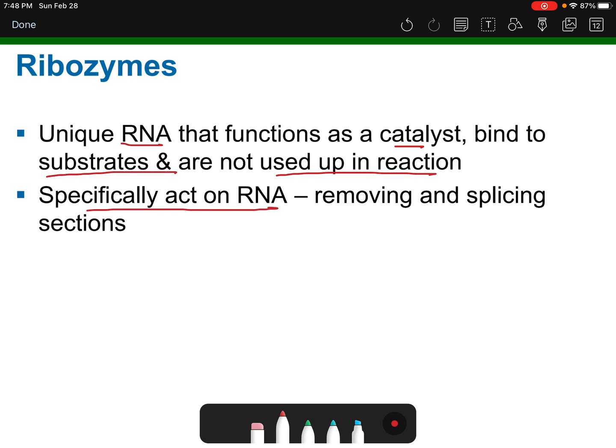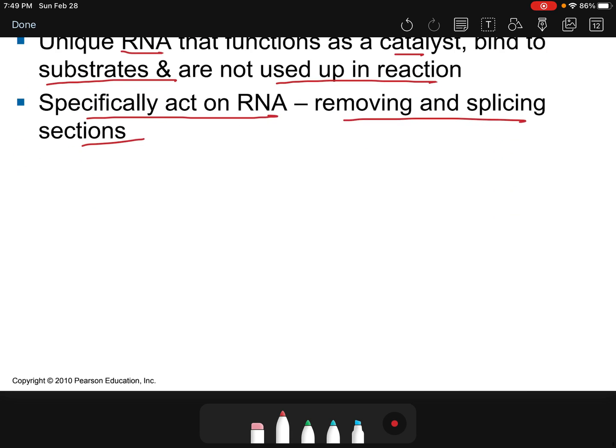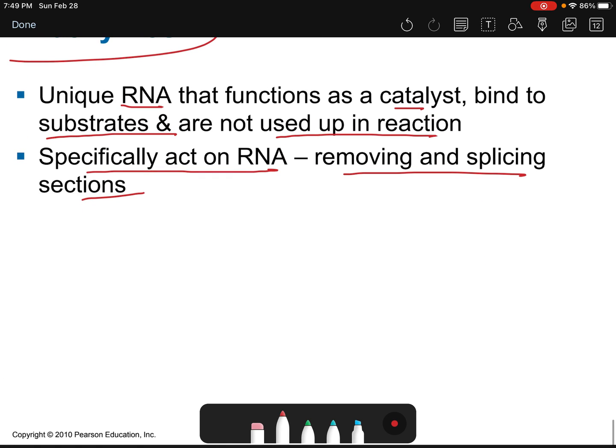When we talk about transcription, once the messenger RNA copies the code from DNA, before it goes to a ribosome to be translated into a protein, messenger RNA gets processed a little bit, where the introns get removed and the exons get spliced together. These ribozymes are going to help in that process. And that's the end of this section.